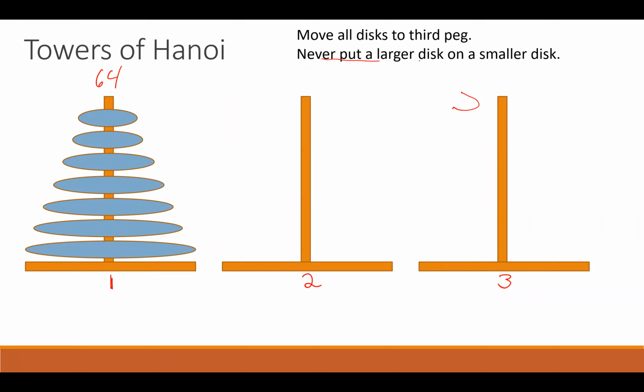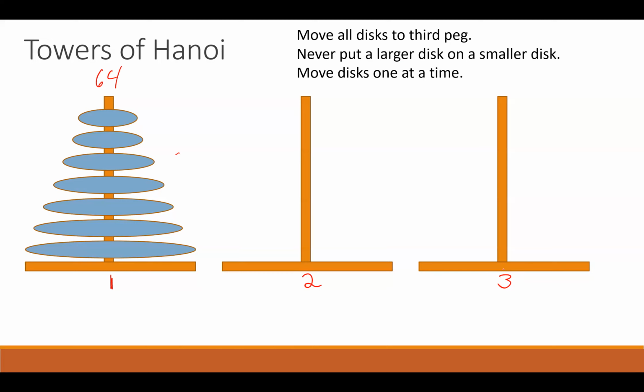I can never put a larger disk on a smaller disk, or it'll break or something will go wrong. And I can move 1 disk at a time. Using those rules, I want to get all 64 disks to the other one, and as the legend goes, once they're finished, the universe comes to an end. So that's the Towers of Hanoi.